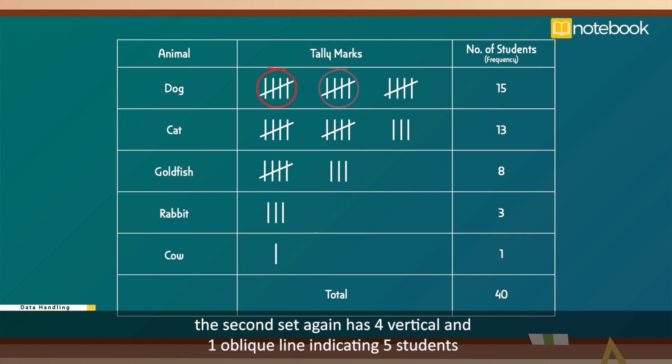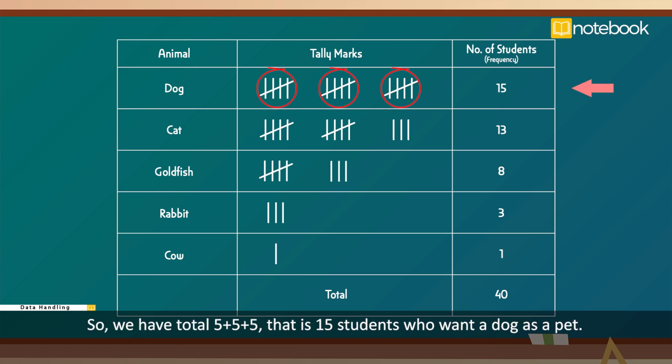The second set again has 4 vertical and 1 oblique line indicating 5 students. And the third set also has 4 vertical lines and 1 oblique line indicating 5 students. So, we have total 5 plus 5 plus 5, that is 15 students who want a dog as a pet.